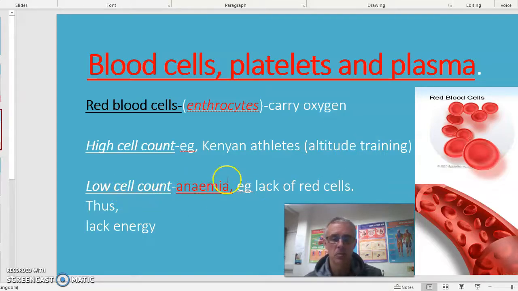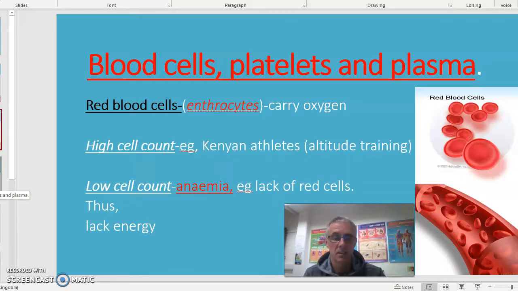Bit of a tricky word, but you've probably heard of it. So lots of red blood cells, Kenyans are good examples. Not very many red blood cells can lead to anemia, and that means a lack of energy. You're going to have a real lack of energy. So just a few little things to think of. I hope you've taken those down.